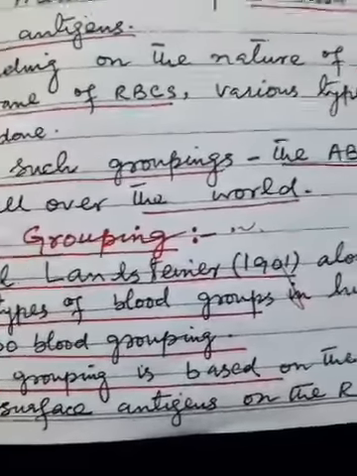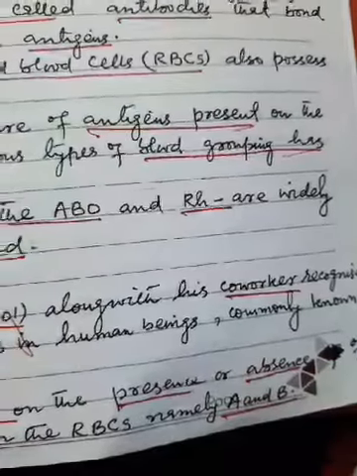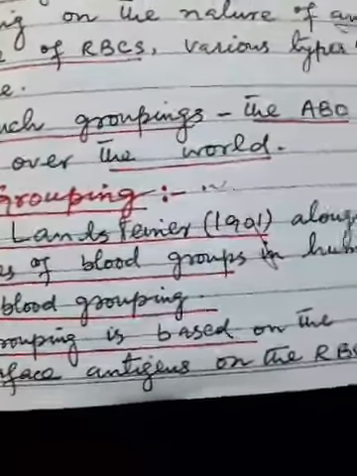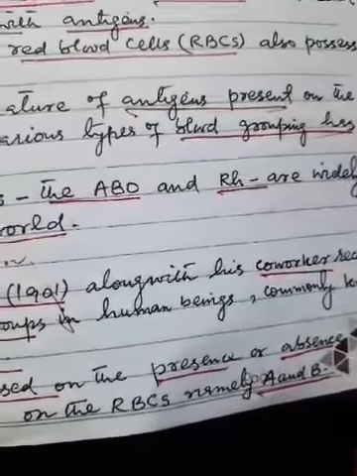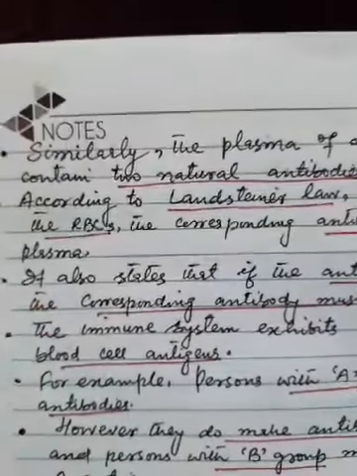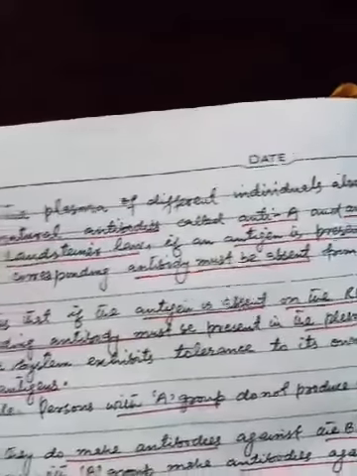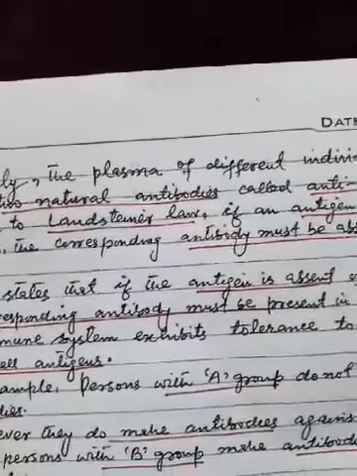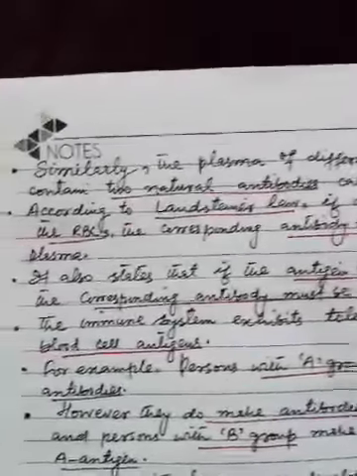ABO grouping is based on the presence or absence of two surface antigens on the RBCs, namely A and B. Similarly, the plasma of different individuals also contains two natural antibodies called anti-A and anti-B.